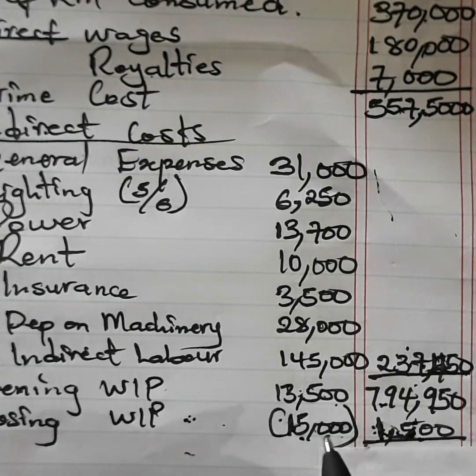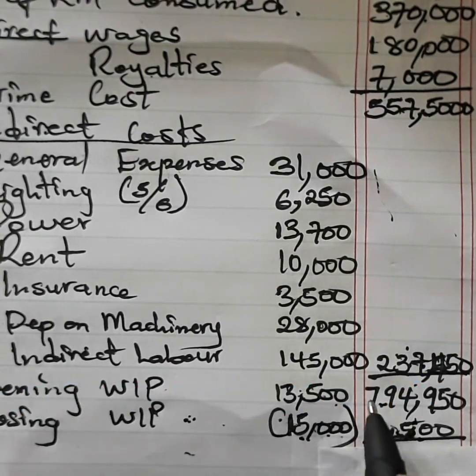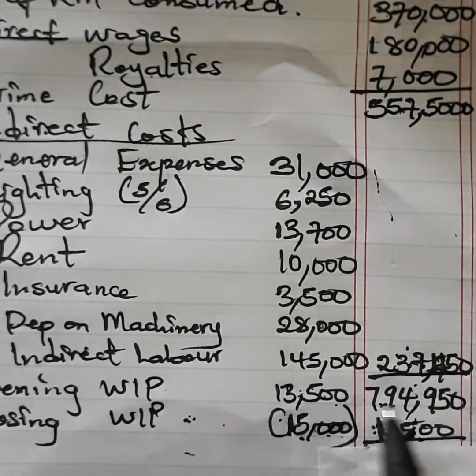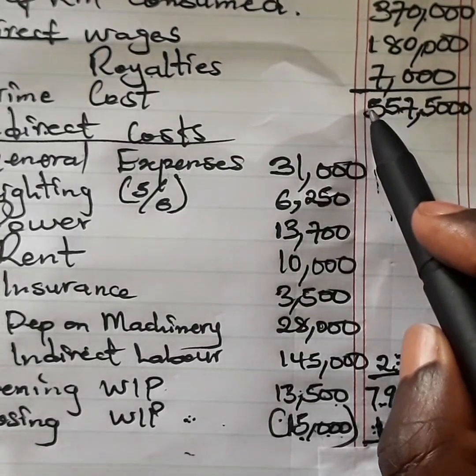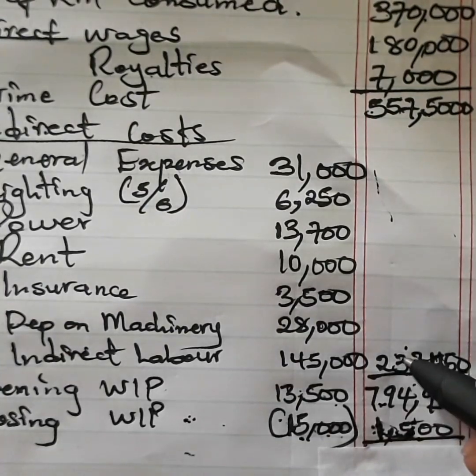It will only be added to make part of the cost if those products have been made into finished goods. So we're supposed to subtract this cost from 794,950, which is actually the summation of the direct cost plus the indirect cost.